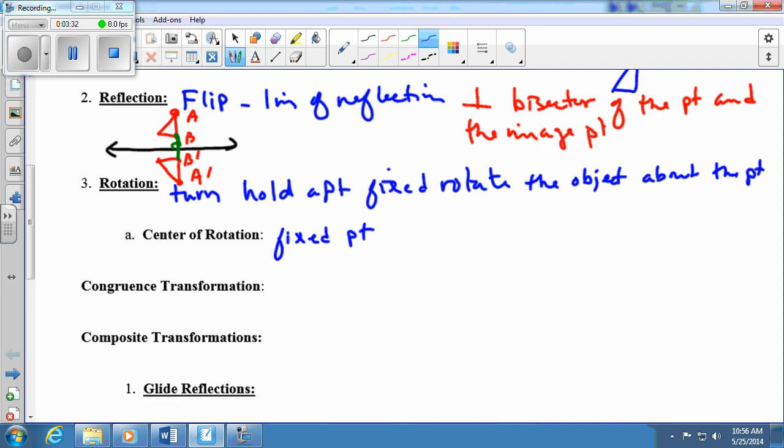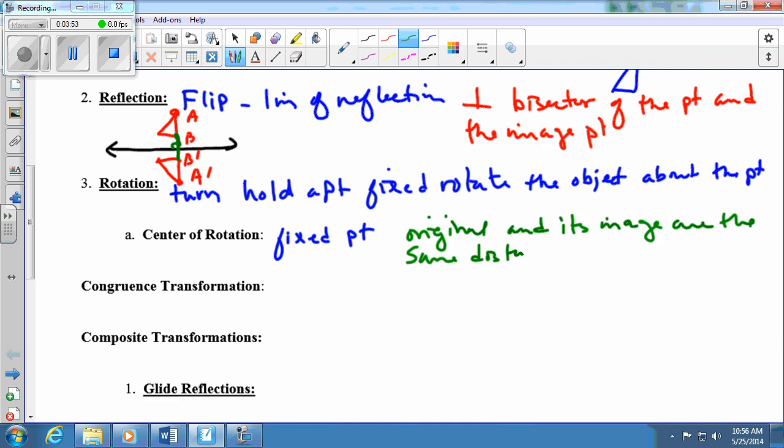And what happens is when we spin, the original point and the image point are the same distance from the center. So your original, that might be A, and its image are the same distance from the point of rotation, or sometimes we even call that a center point.